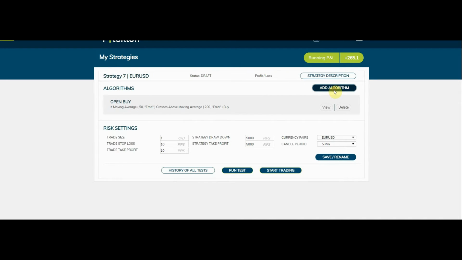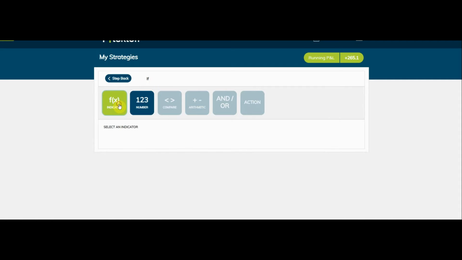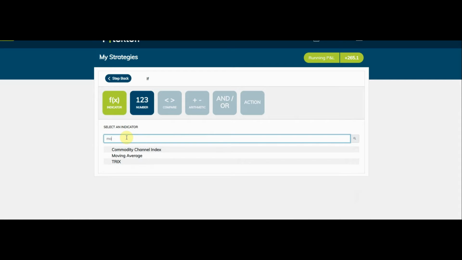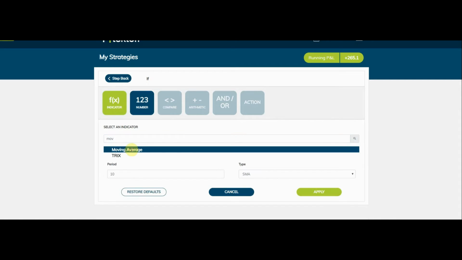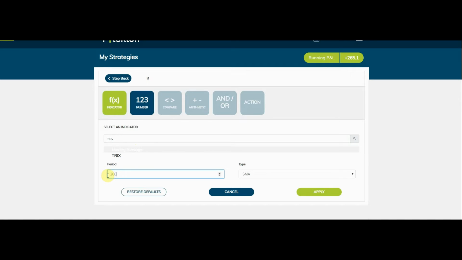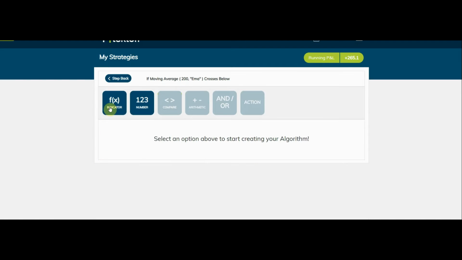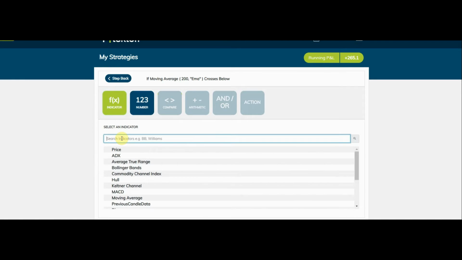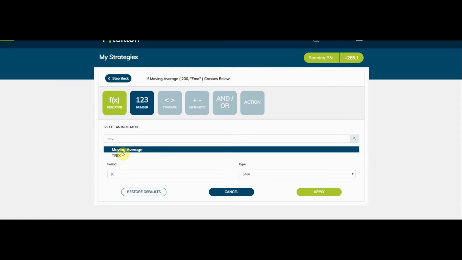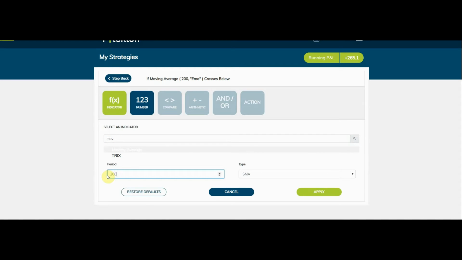So it's add algorithm if, again, same moving average, if moving average 200, this time crosses below moving average 200. Sorry, I need to just go back one step.